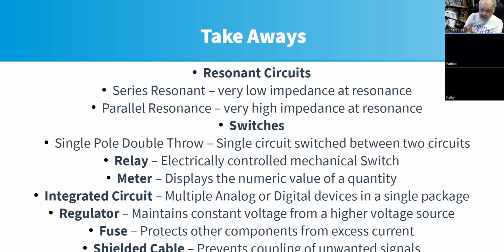If you apply a DC voltage across the parallel resonant circuit, sometimes we call them tank circuits, it's going to appear as a very low impedance, because of the inductor, it's almost going to look like a short circuit, just a straight piece of wire. So that's the main thing to remember, is they behave just the opposite when they're at the resonant frequency as they do when they're at DC.